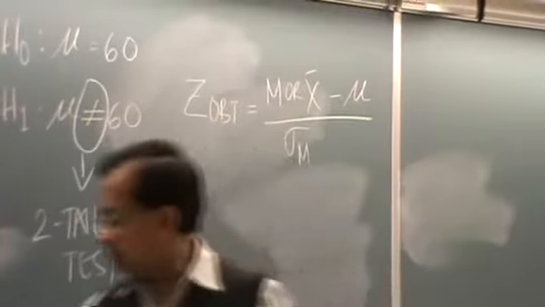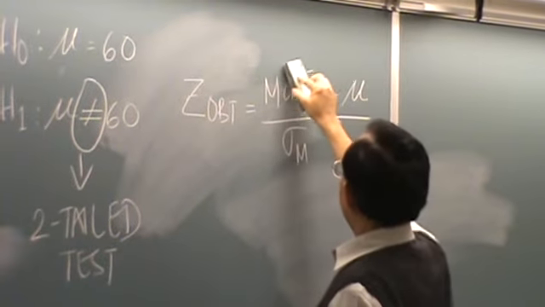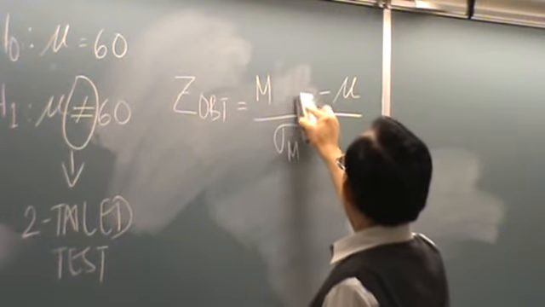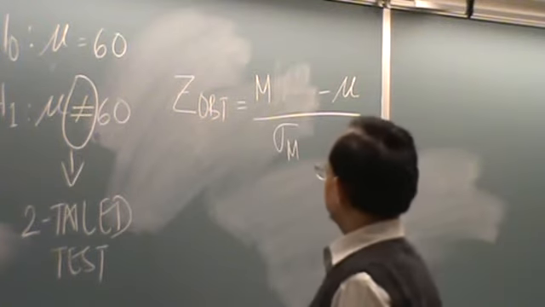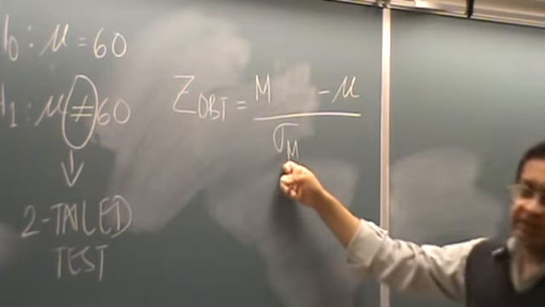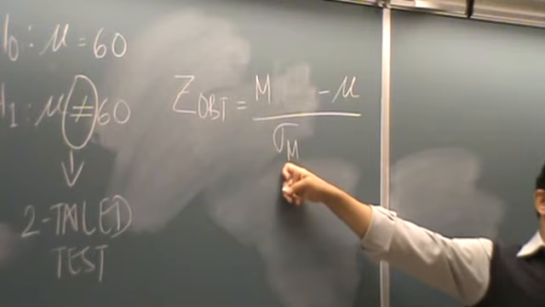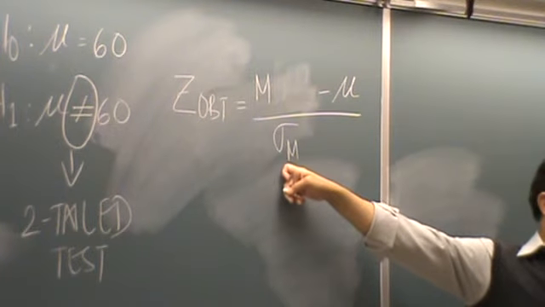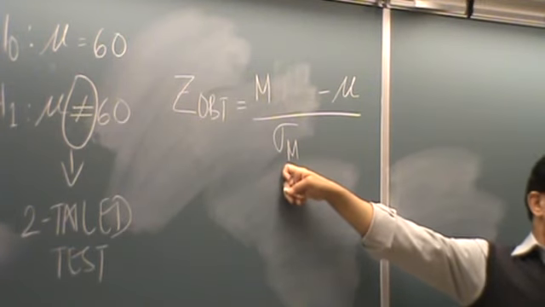I tell you what, don't worry about this X bar, keep it as M. What is this sign? Sigma M. We did this last time.